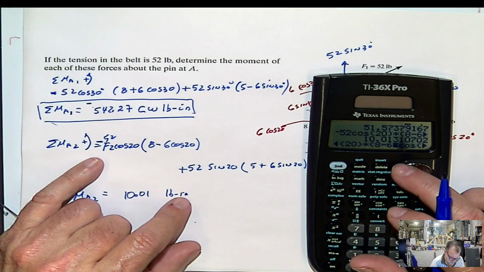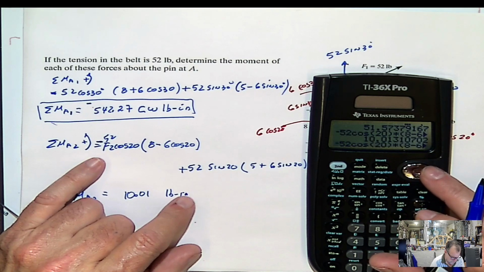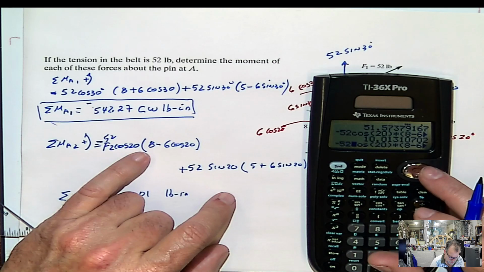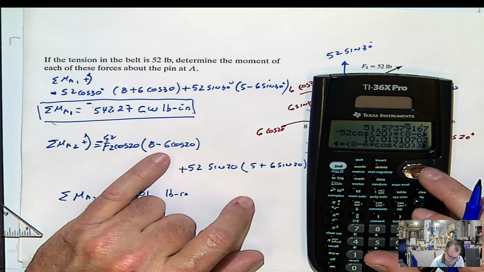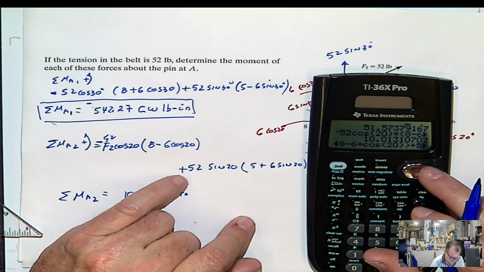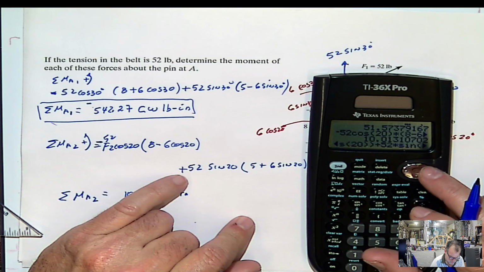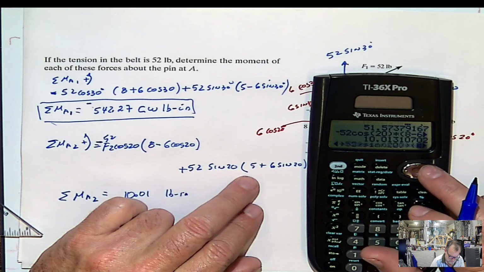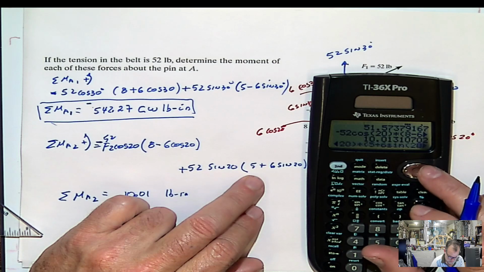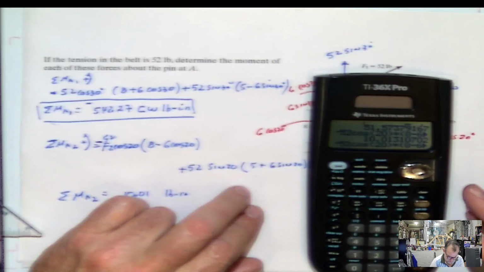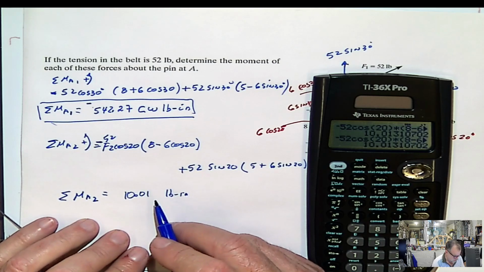I'm just checking, guys. Minus 52 cosine 20 times 8 minus 6 cosine 20 plus 52 sine 20 multiplied by 5 plus 6 sine 20. Yes, enter. And that would be 10.01.